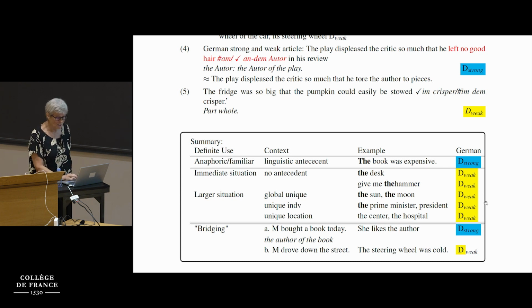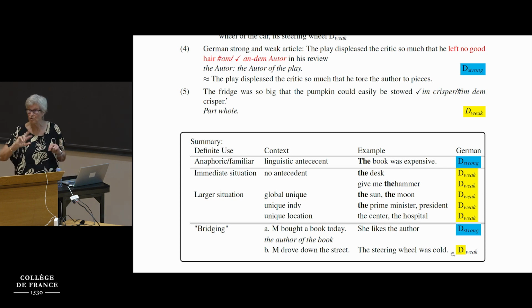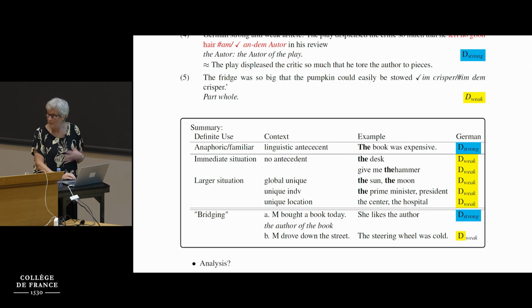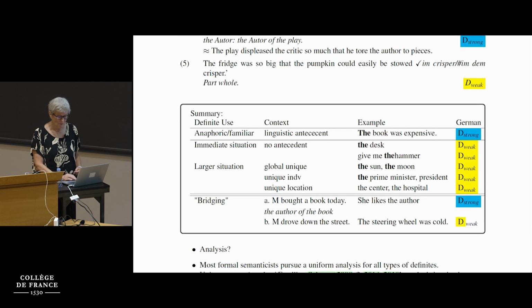The strong determiner is used for the anaphoric or familiar use, and the strong determiner is also used for the bridging cases with the author of the book, and the weak determiner is used for the situational bridging. Okay, so we see that these two forms actually have different linguistic behavior in their choice.